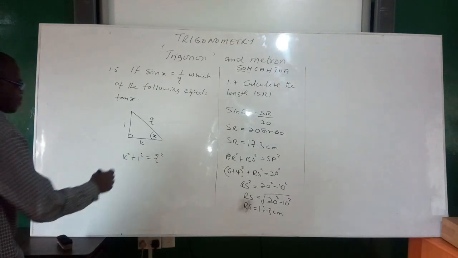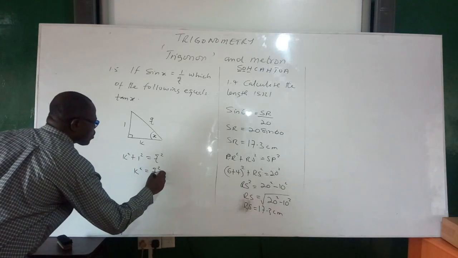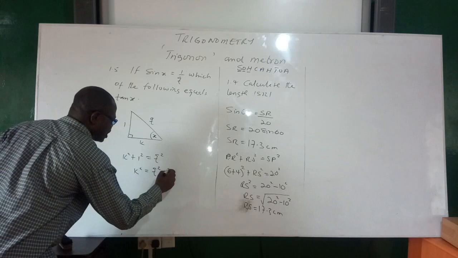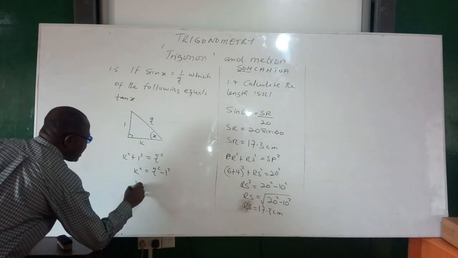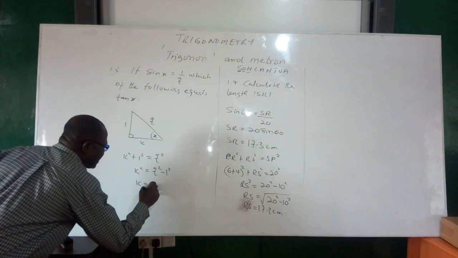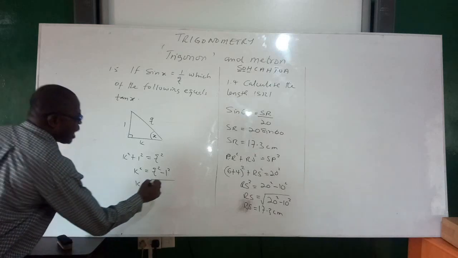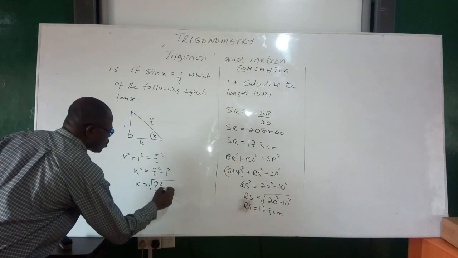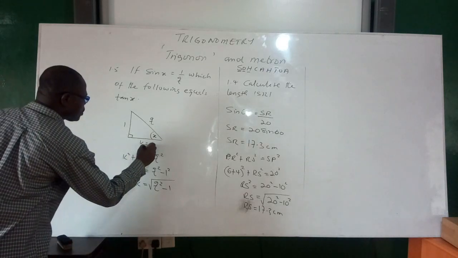Making k the subject, k square is equal to q square minus 1 square. Taking the square root of both sides, we have k to be root q square minus 1.